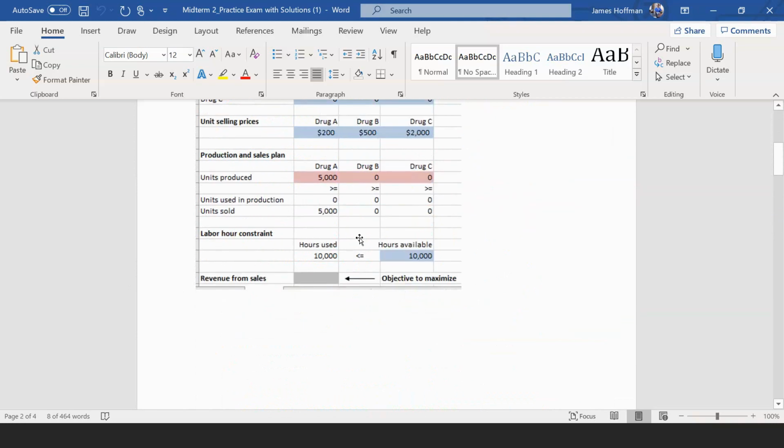Okay, and the only other constraint is the labor hour constraint, because we're limited by the number of labor hours we can use manufacturing these drugs. So the hours used has got to be less than or equal to the hours available. So those are the two constraints that you'll list right there.